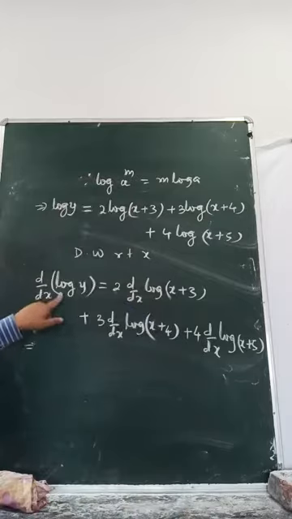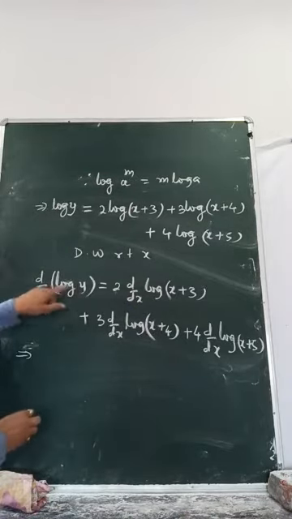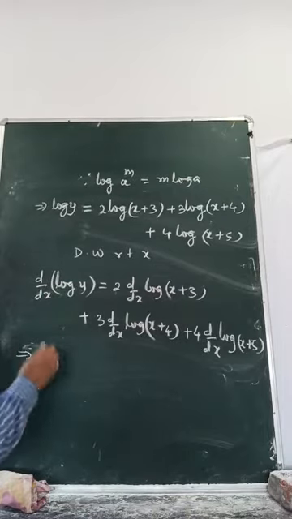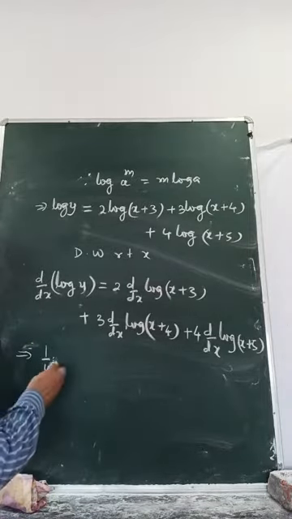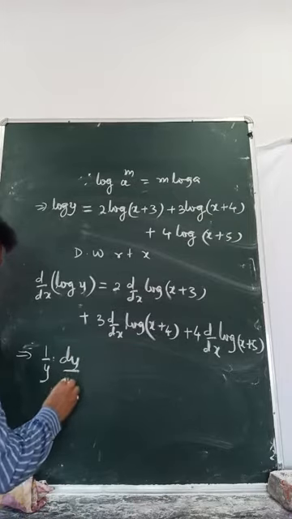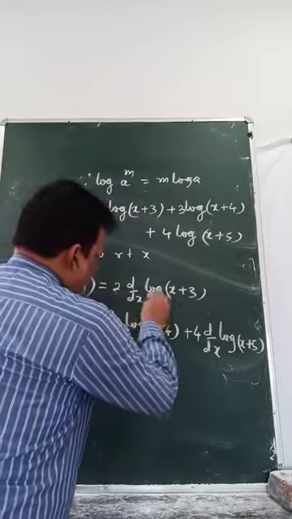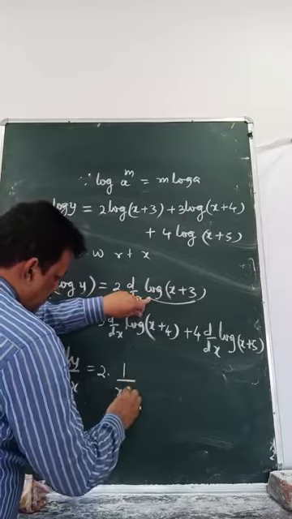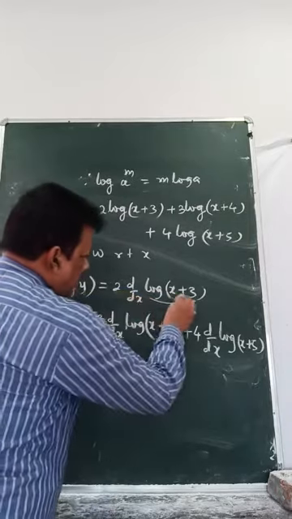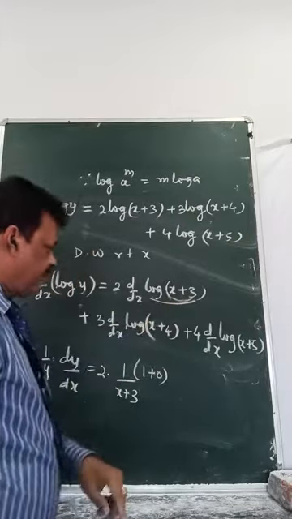Okay, look at this part once more. This differentiation of log y is 1 upon y, y with respect to x, which is dy by dx. Okay, this part derivative try to check. Log x plus 3 is 1 by x plus 3. x plus 3 derivative is 1 plus 0. Chain rule again here.